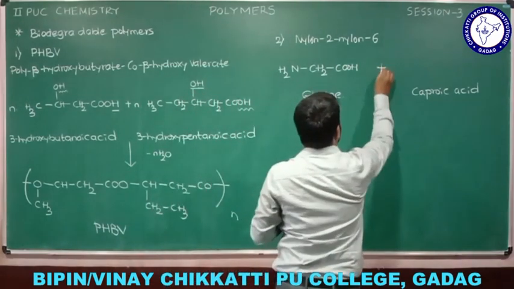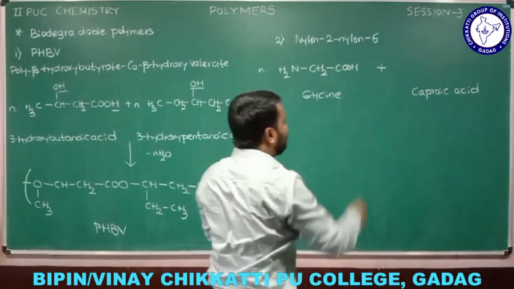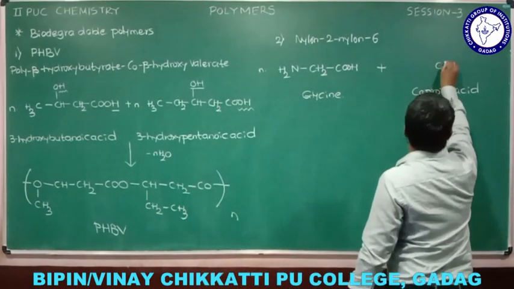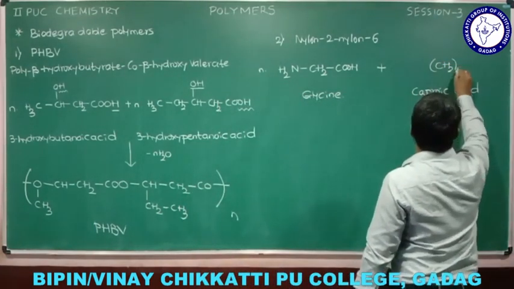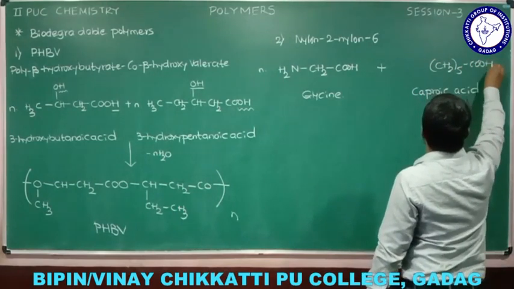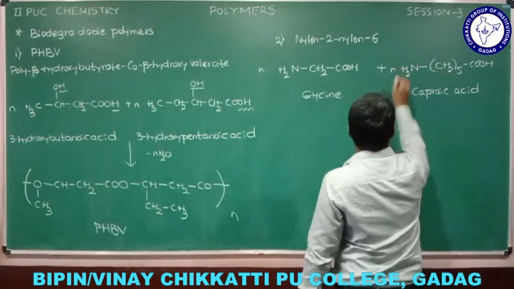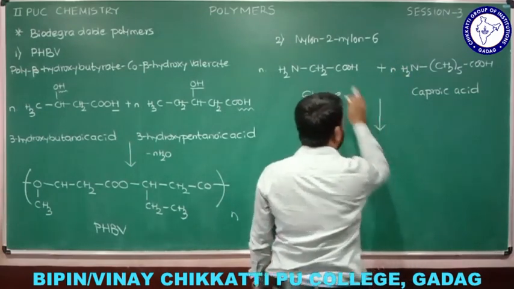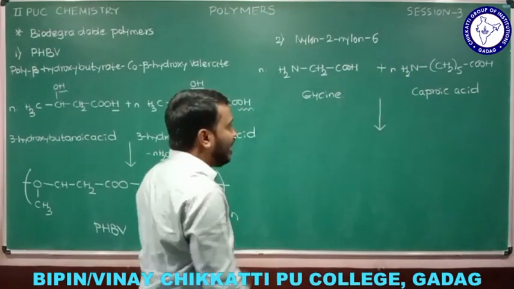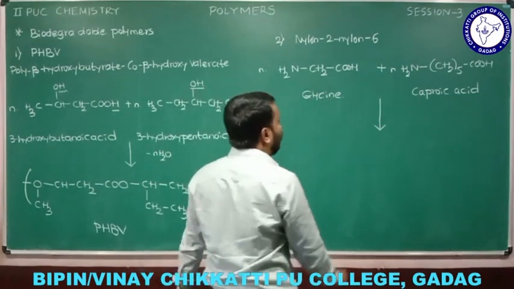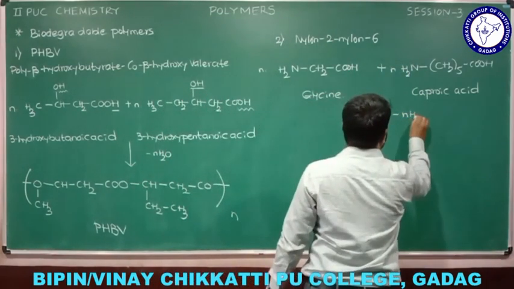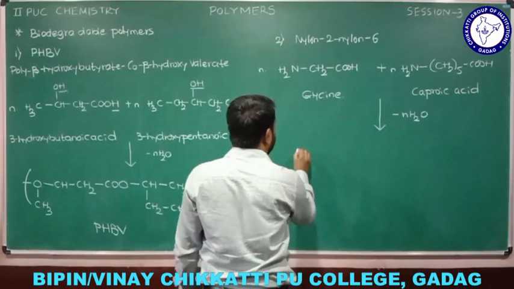This is one monomer, and one more is caproic acid, and that is also a kind of amino acid, with CH2 5 times, COOH and NH2, and here one can easily guess we have COOH and NH2, and we can easily remove the water from here. Okay, so minus H2O. I am going to write the complete structure here.